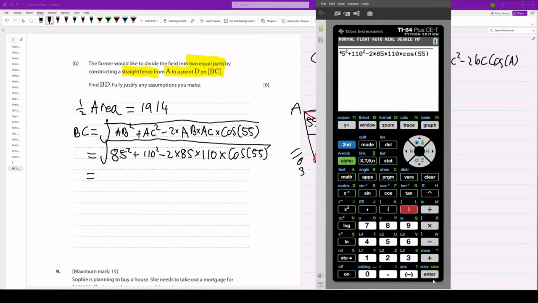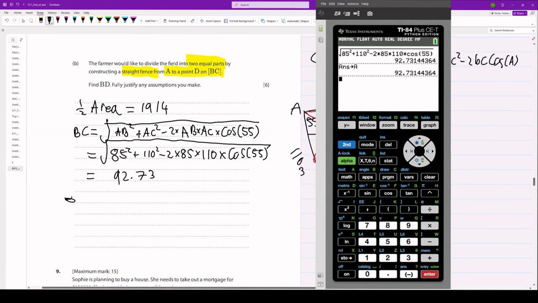Yes, it's in degrees. Enter. 92.73. And if you are realizing how paranoid I am, I'm going to save this as A. There we go. Saved as A. So I've got the whole number. No rounding until the end.